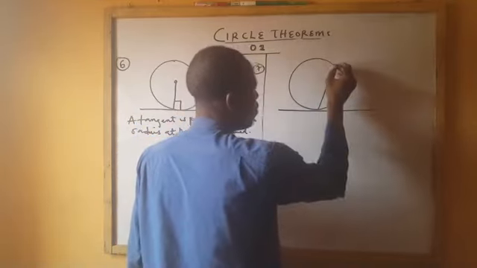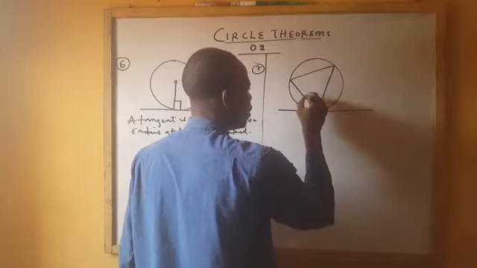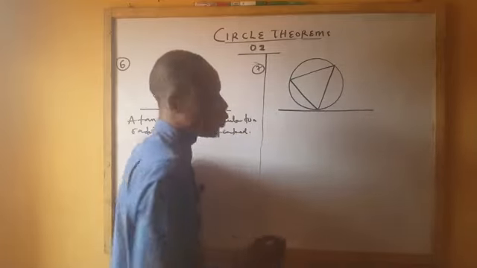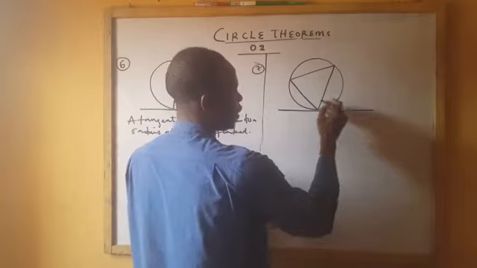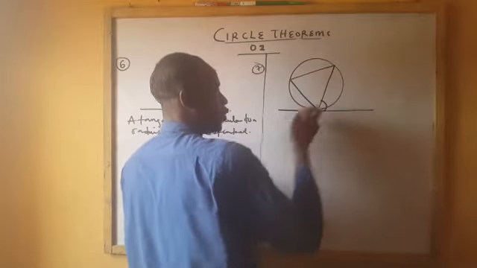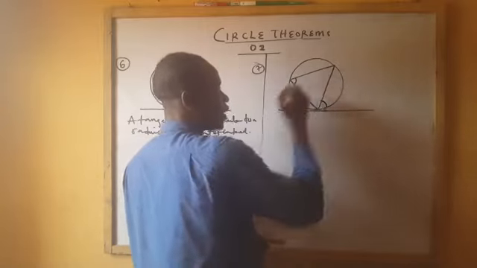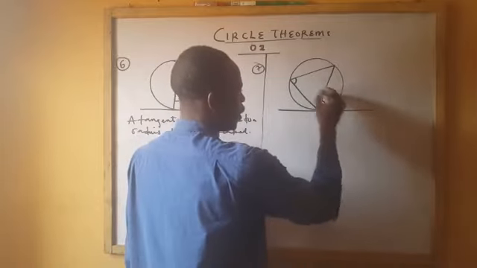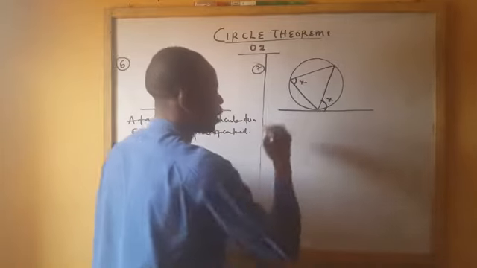So this chord here will make another chord to form a triangle inside the circle. Whatever angle I have here, which is the angle between the chord and the tangent, will be equal to the angle in the alternate segment here. So if I have x here, here is going to be what? X. So let me put that in words too.